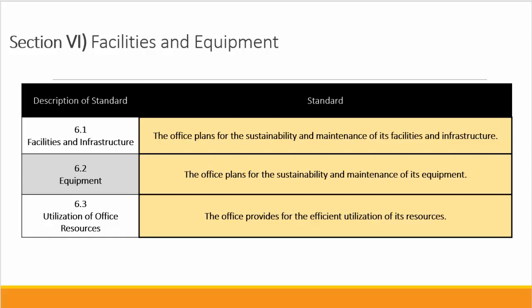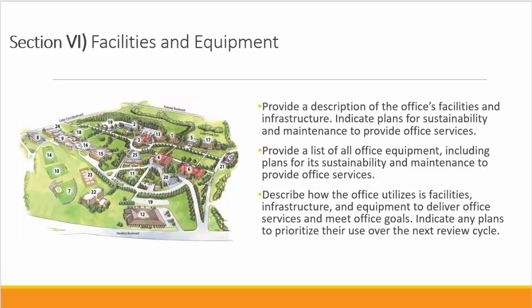So do you have enough software that's appropriate to accomplish the task, the right mix of, say, computers, whatever other instruments or equipment that you need. And then in Section 6, 6.3 is describe how you're utilizing those resources. So if there's unused space or unused equipment, this is certainly a place for some efficiency.